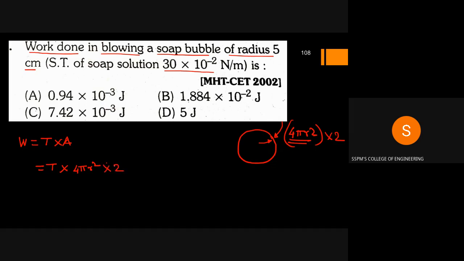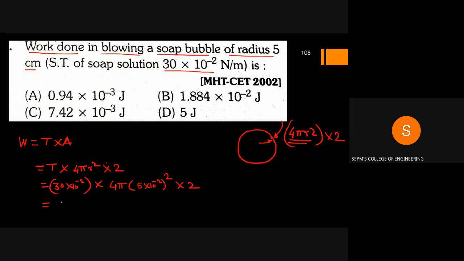This is only for the soap bubble and not for the water drop. So surface tension is given, 30 into 10 to the power minus 2, into 4 pi r square, where r is 5 centimeter, so 5 into 10 to the power minus 2 meter, squared, into 2.